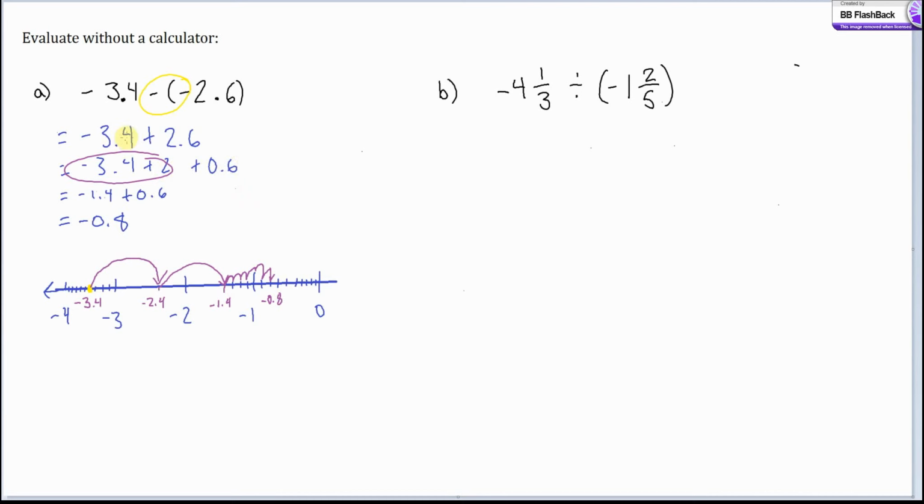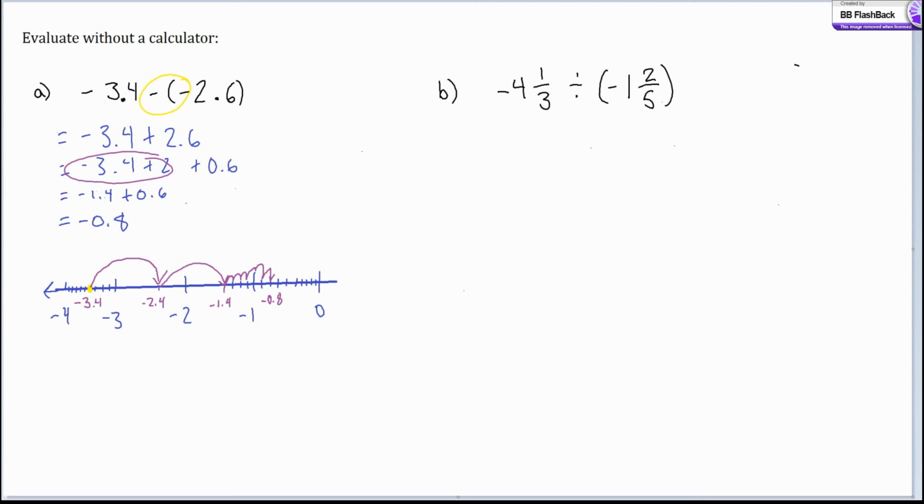You could also do that with all of the tenths. Separate all the tenths out, separate all the whole numbers out, work on them separately. Okay? And in any of these questions, if it says evaluate without a calculator, you're expected to show your work, show your steps, but at the very end, you can check your work with the calculator. That's fine.